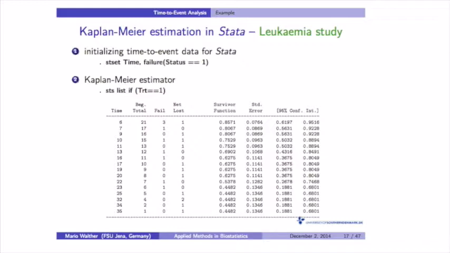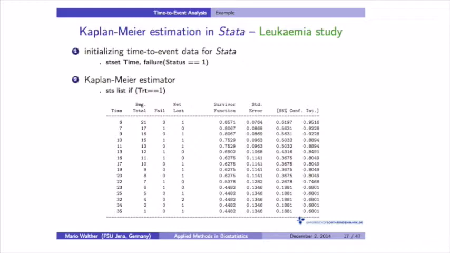The event of interest was relapse, and this was coded with 1. So the event here, which is in brackets after the failure option, is status equals 1. So with this expression, you say to Stata that the event is coded with 1, and all other codes of the status variable, for instance 0 or 2, are considered as censored data.